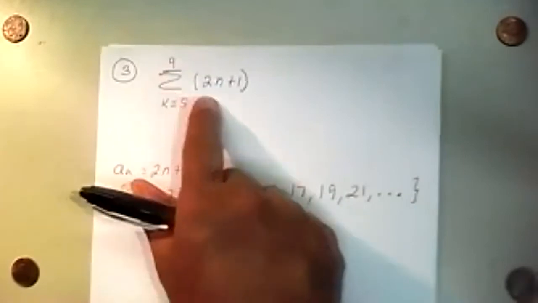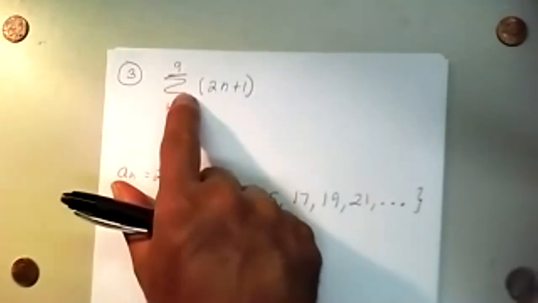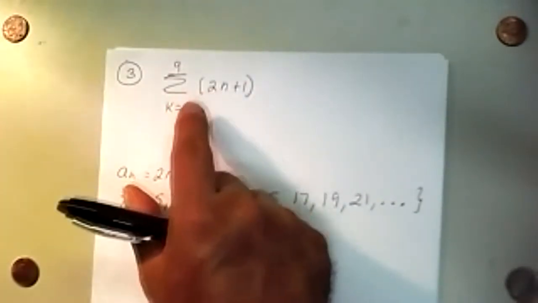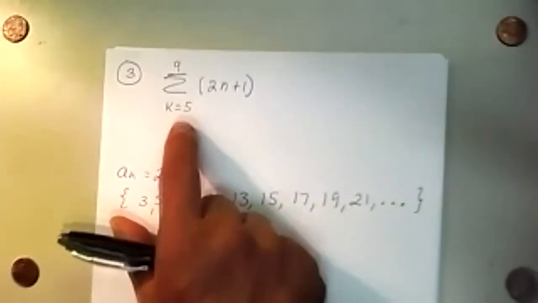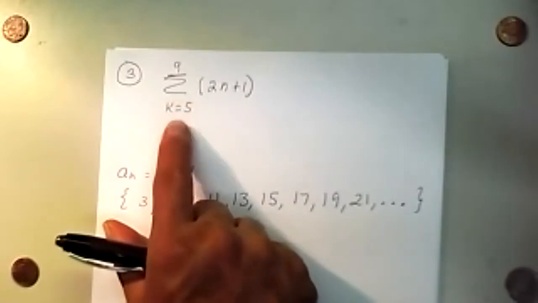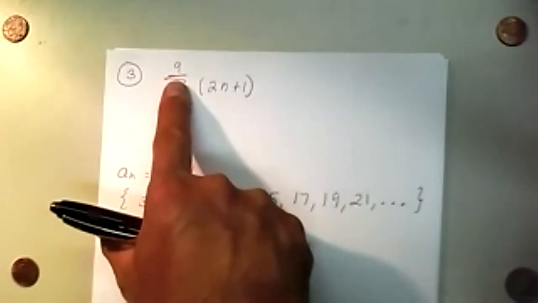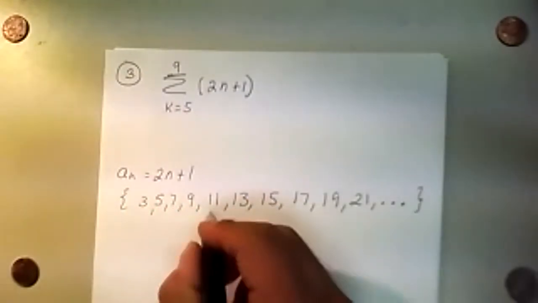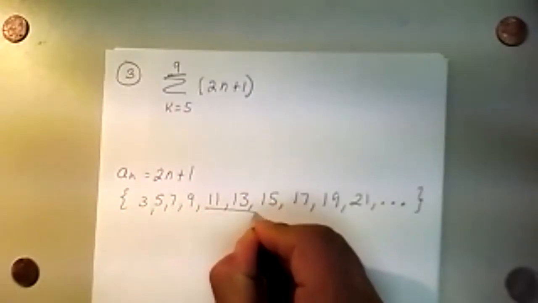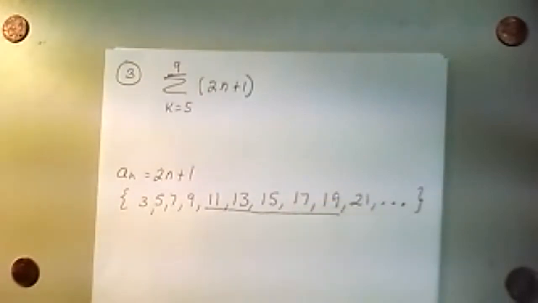Now, what this summation sigma notation means is that we're going to add only the elements starting with the fifth element and ending with the ninth element. 1, 2, 3, 4, 5. So we start here, 2, 3, 4, 5.